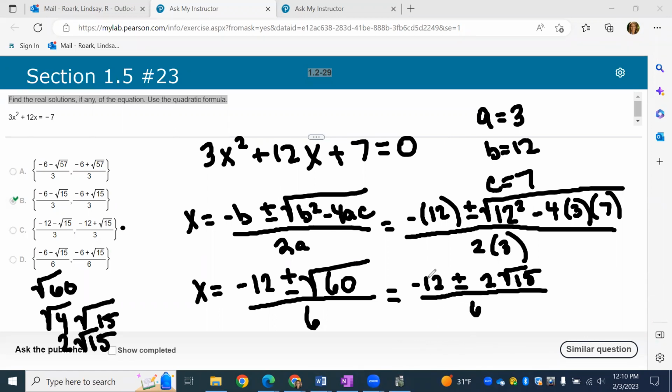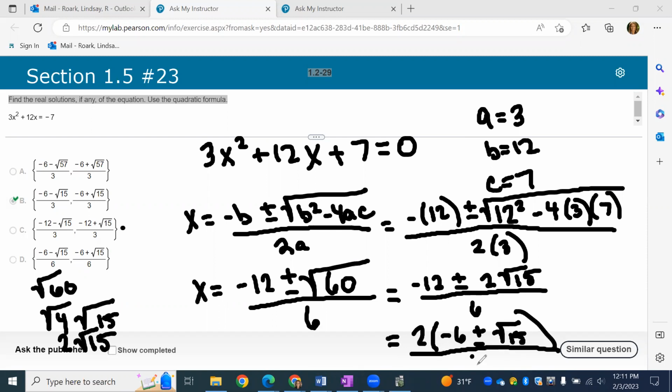So for instance, I see that in my numerator, I have negative 12 plus or minus 2 times square root of 15. So I just focus on the 12 and the 2. They each have a common factor of 2. So if I pull a 2 as a GCF to the front, then I have 2 times parentheses, negative 6 plus or minus the square root of 15, divided by 6.